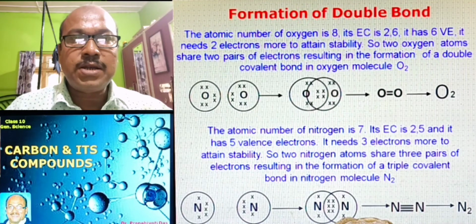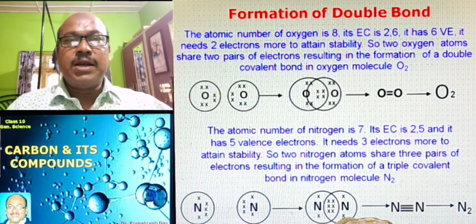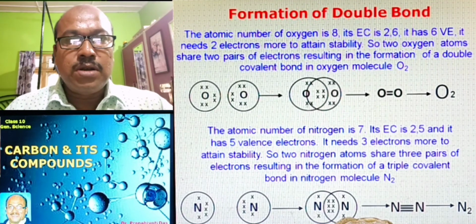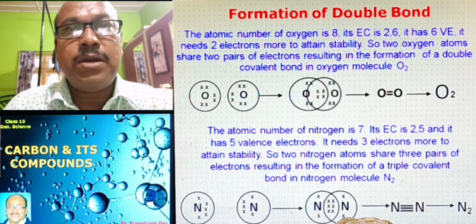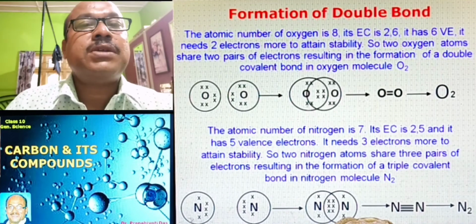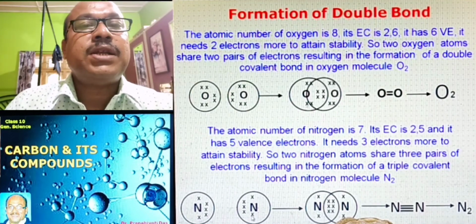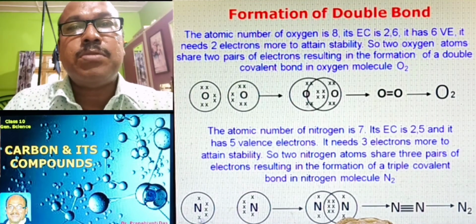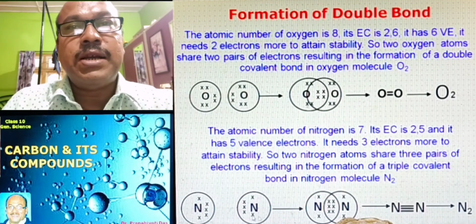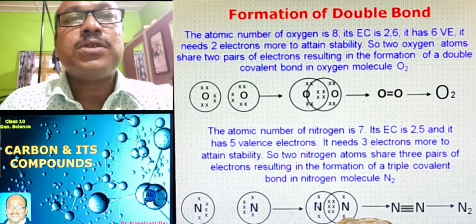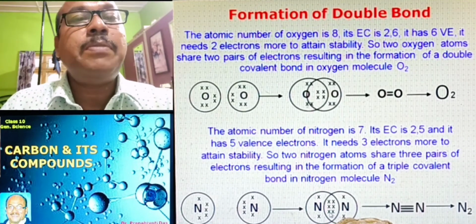In order to get stable electronic configuration, nitrogen must have 8 electrons. So what will nitrogen do? 2 nitrogen atoms will mutually come very close to each other. We can see here, this is the first nitrogen atom, second nitrogen atom, and both the nitrogen atoms have 5 electrons. And to make it 8 in each case, they are sharing 3 pairs of electrons.